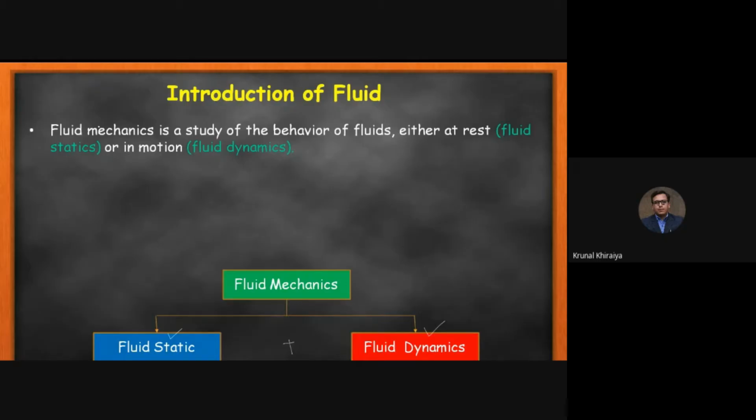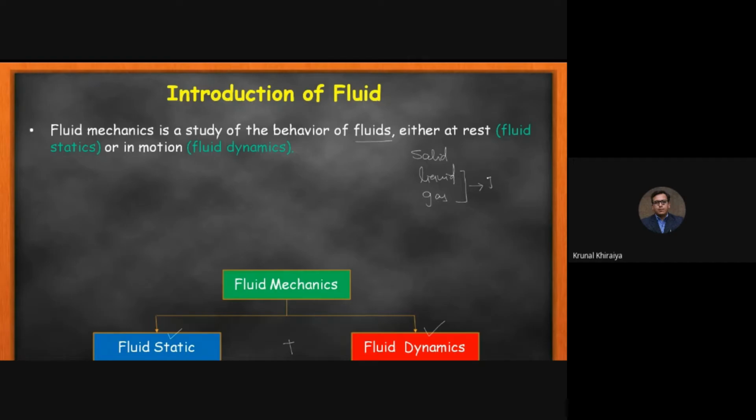So fluid mechanics is a study of behavior of fluids. But now the question arises: what is a fluid? We have three different states of matter, that is solid, liquid, and gas.